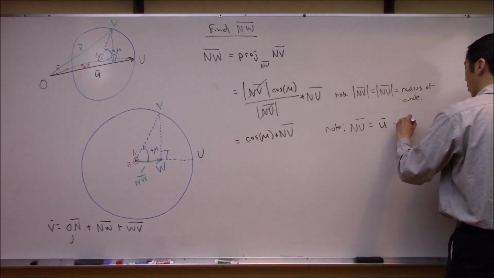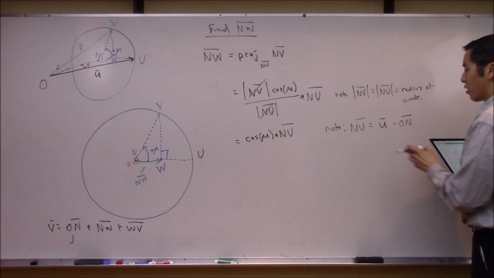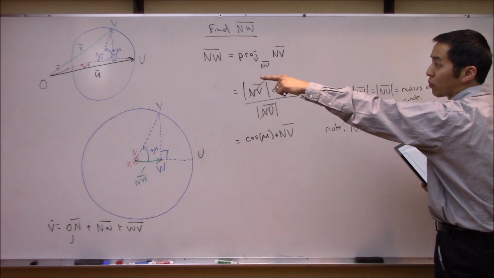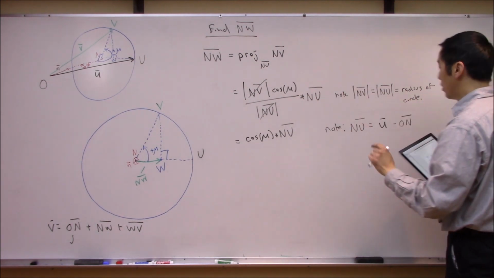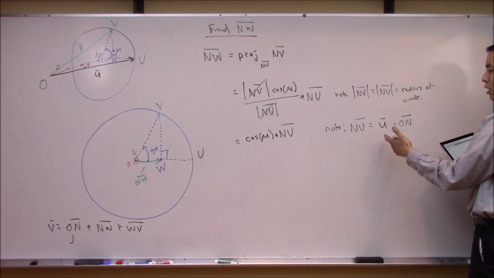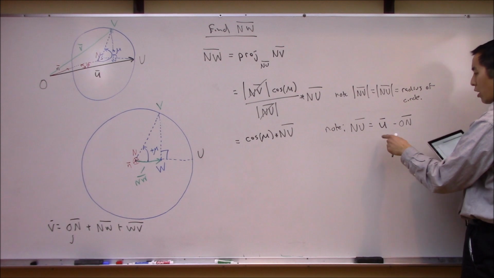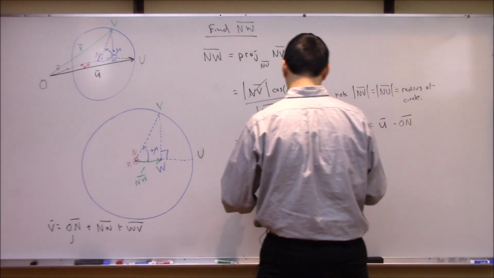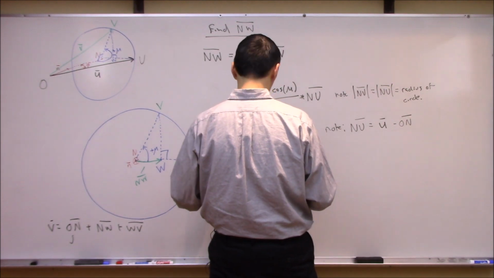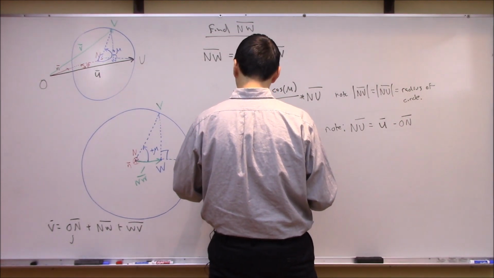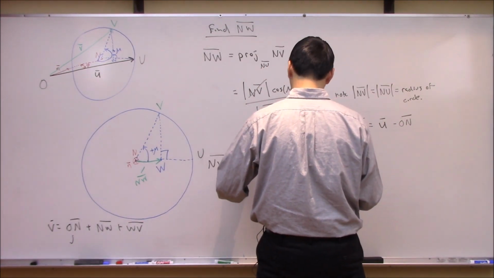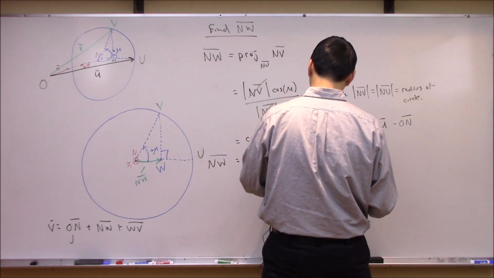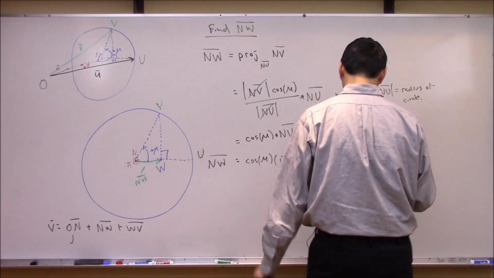Maybe you want to pause the video here and convince yourself that this is true, but if you consider the triangle ONU, you'll basically see that this is just a vector combination here, right? Okay, great. So if that's true, let's go ahead and plug that in here. And we end up with an expression for this vector component NW: cosine of mu times U minus ON, right?